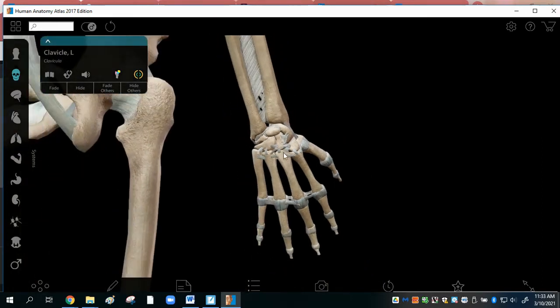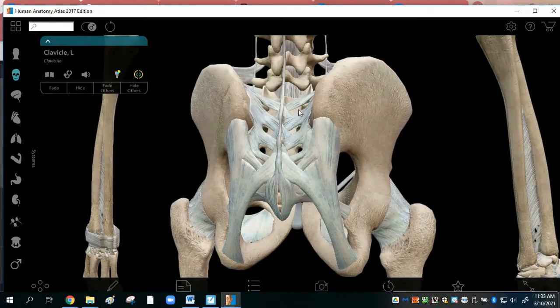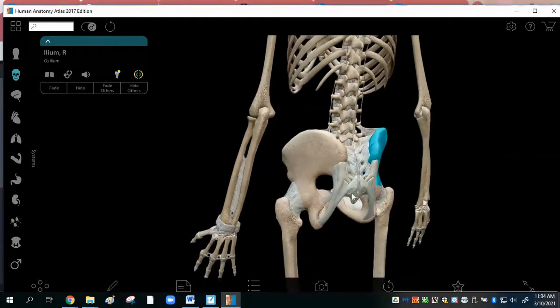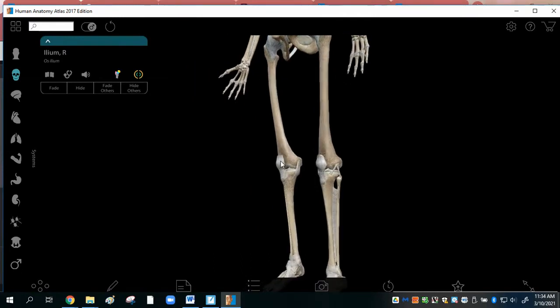So not much motion taking place. Another example that's close by is between the sacrum and the ilium. These two bones will have just a short sliding motion. And another example would be where the patella meets the femur. As we bend and straighten our knee, our patella, our kneecap, will slide up and down.